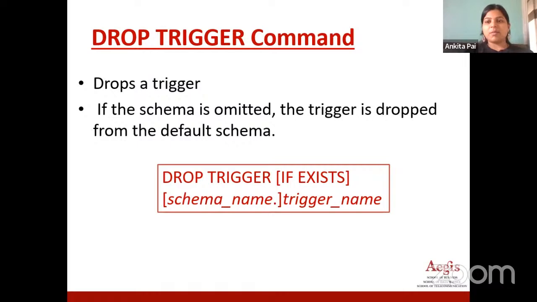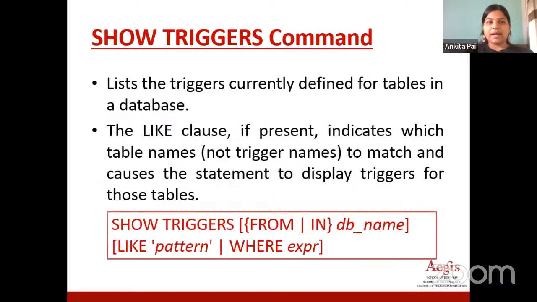Similarly for the schema or database: if the database itself gets deleted, then obviously the triggers associated with it also get removed. The command is like this: you just mention drop trigger and the name of the trigger, and automatically that trigger is going to be dropped. So that is about the drop trigger command.